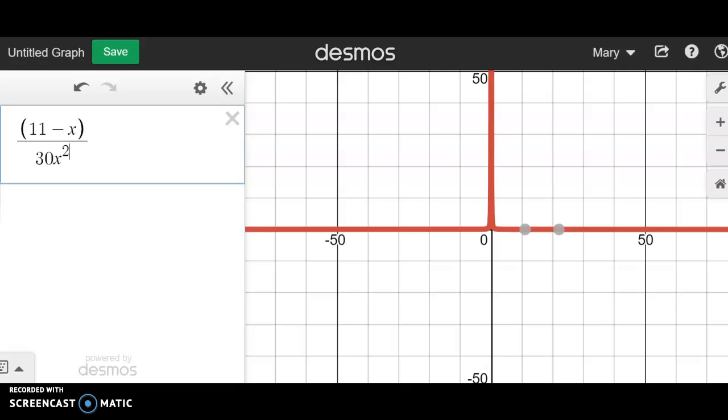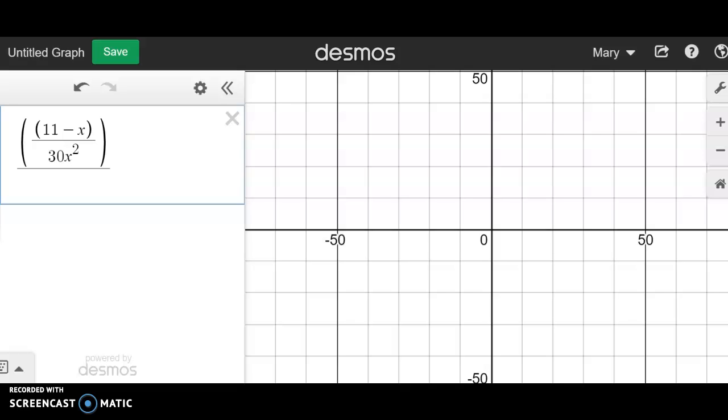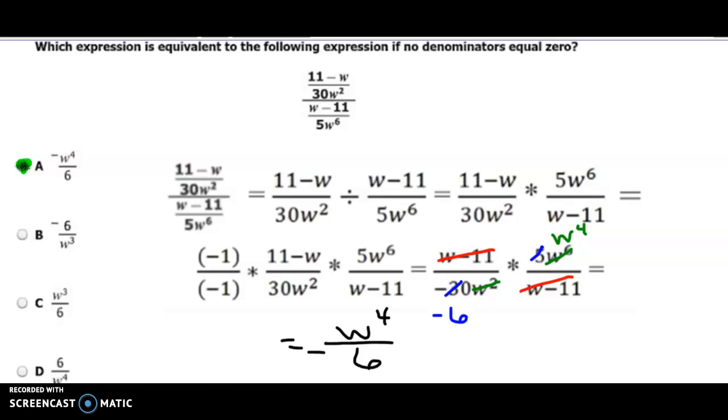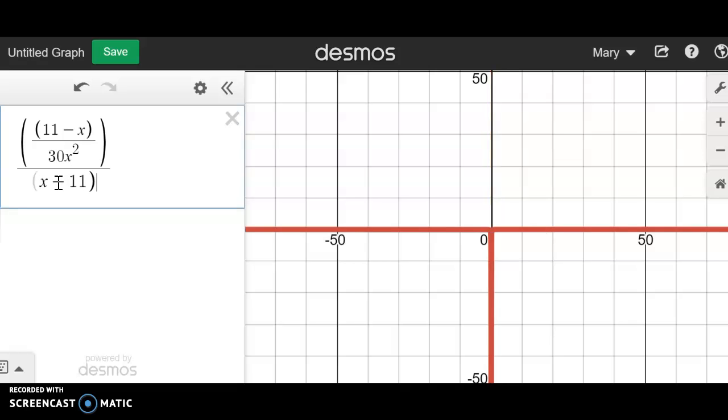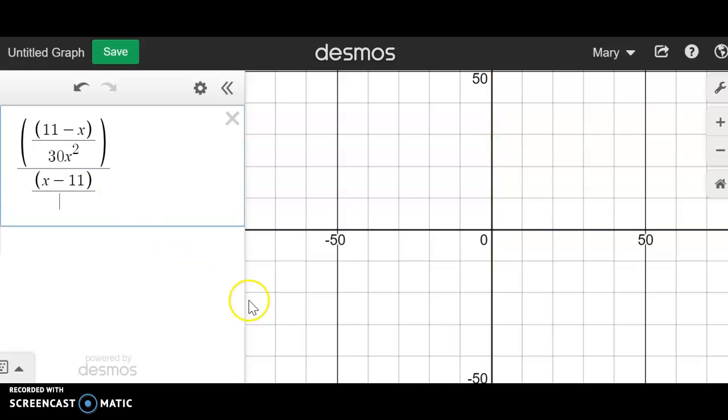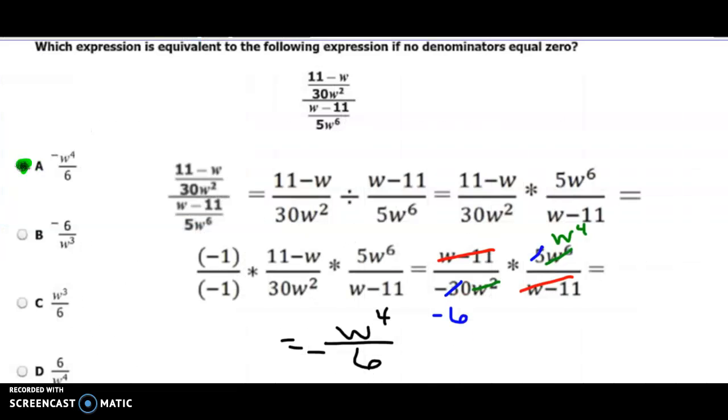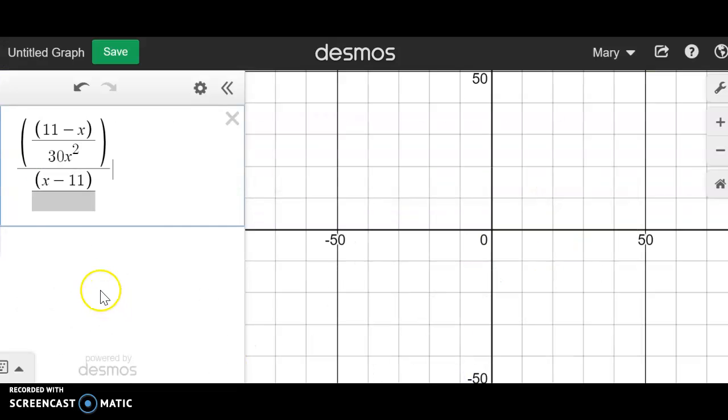Okay. I'm going to come outside. I'm going to put another parentheses. And I'm going to divide all of that by, just watch where you place your parentheses, x minus 11 divided by 5x to the 6.